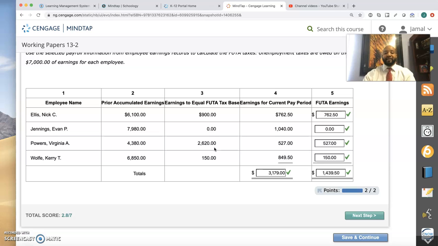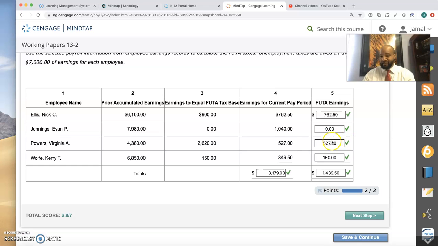And so we just take those future earnings. Here they go. So her current earnings was $762.50. She could be taxed on $900, but she only made $762.50. So that's the amount we're actually going to tax her for. This person made $1,040, but they don't have to pay any unemployment tax. So we put the 0 there. 2,620, 527 here. They made 527 of that 2,600.